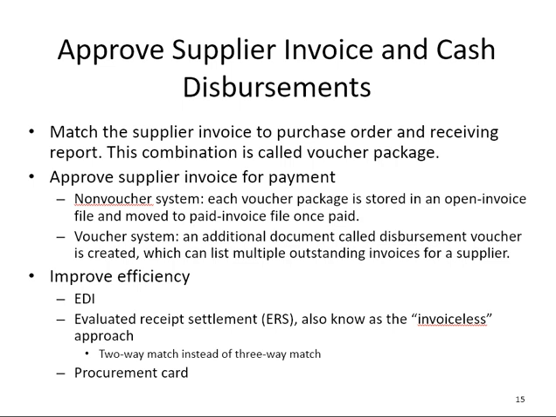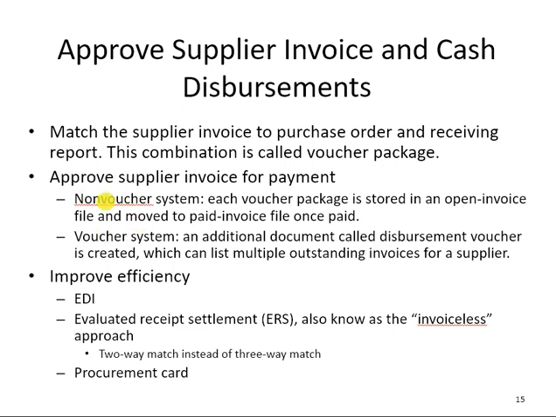Right? If we can match these documents, and the voucher package is valid, we should approve it for payment, and we can do that in two systems. One is called a non-voucher system. The other is a voucher system.